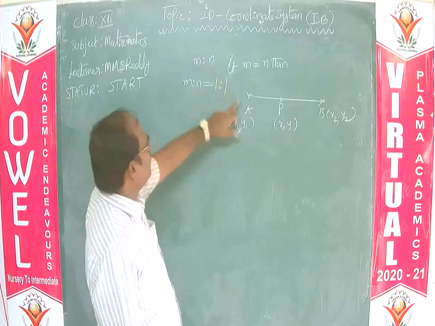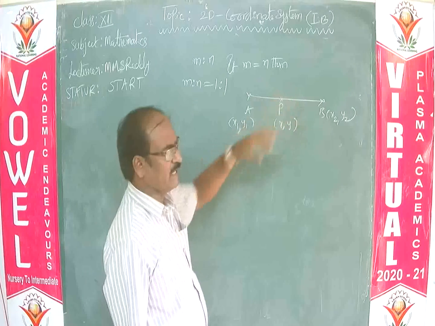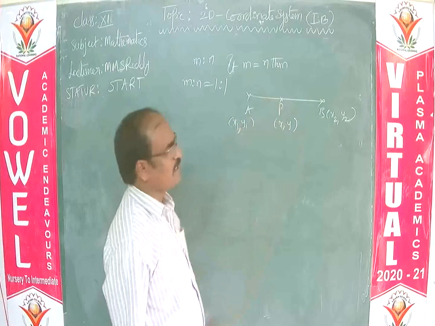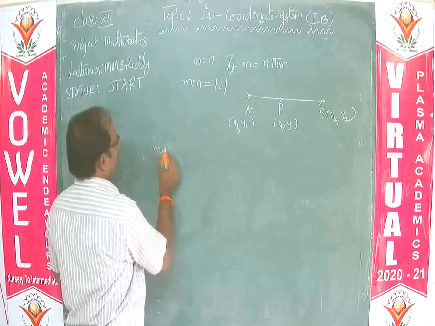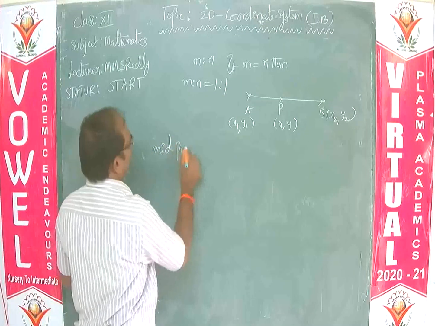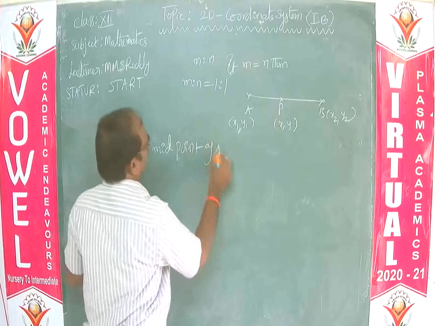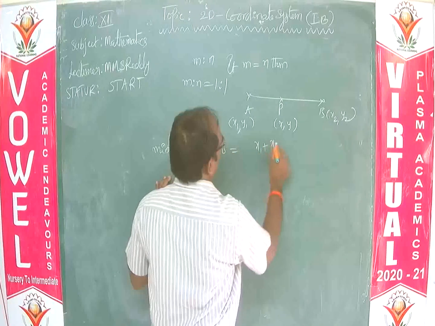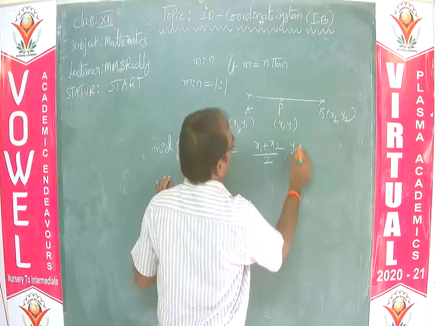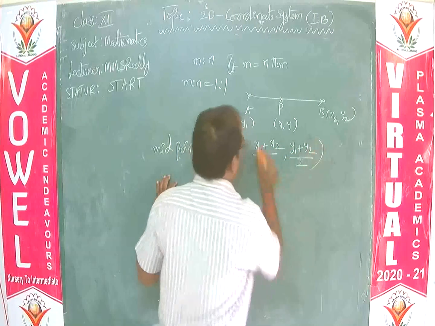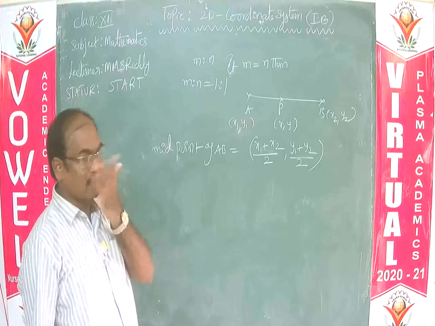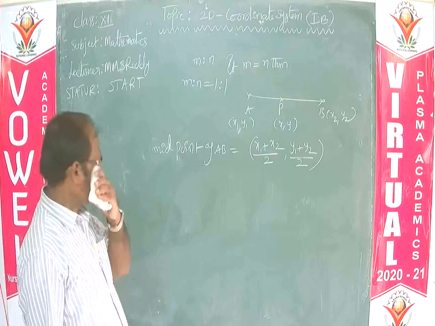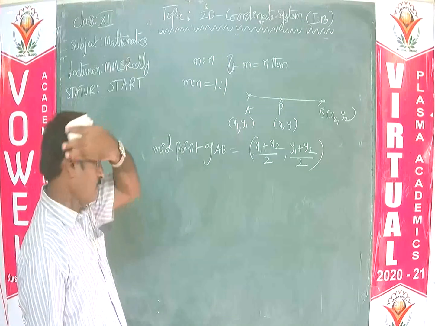If the point P divides line segment AB equally, then that point P is said to be the midpoint. Therefore, the coordinates of the midpoint of the line segment joining AB equal ((x1 plus x2) by 2, (y1 plus y2) by 2). Is the point clear? Coordinates of midpoint joining the line segment A and B.